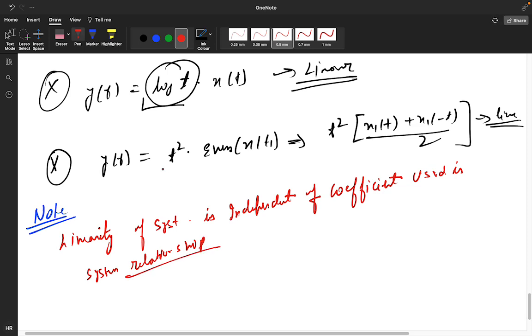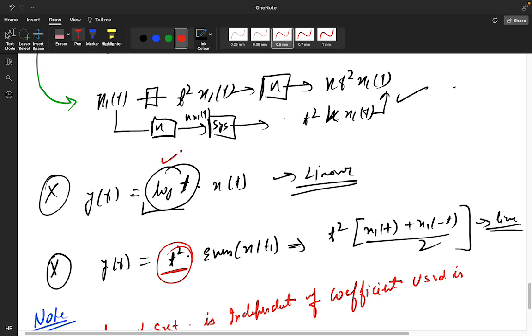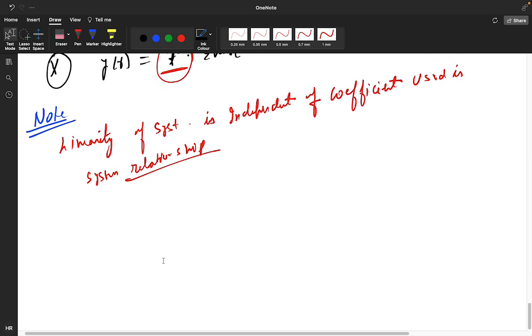So whatever coefficient you are using, this is your coefficient, this is your coefficient, it will give you the linear result only.